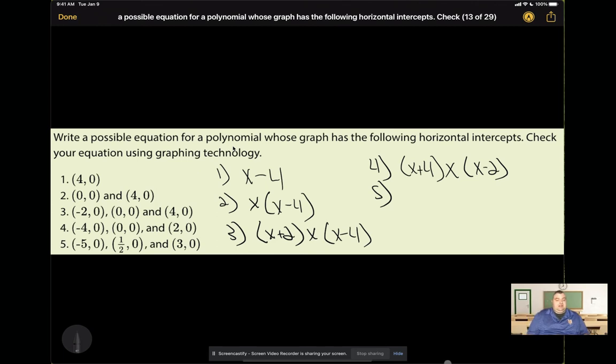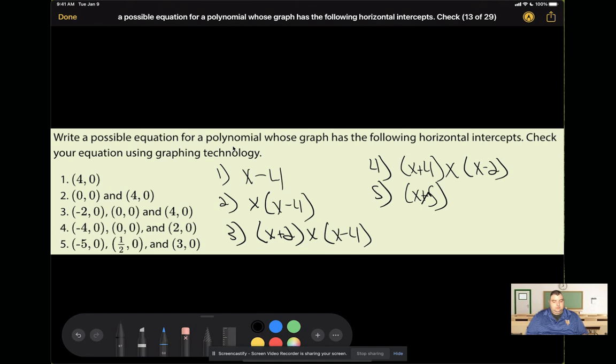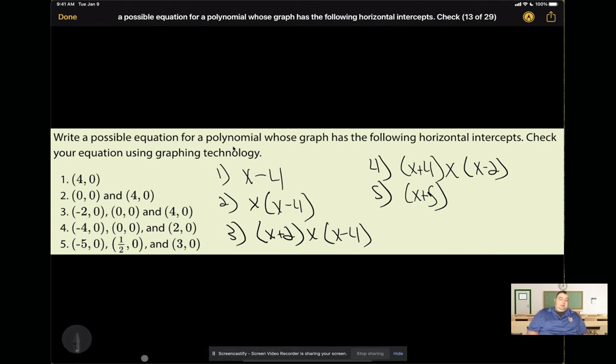Lastly, number 5. I have an x-intercept of -5, so my corresponding factor is going to be x plus 5. I have an x-intercept of 1/2, so it's going to be x minus 1/2.